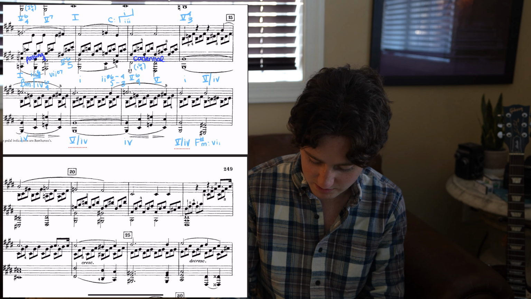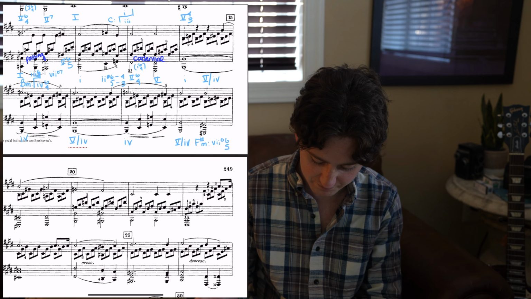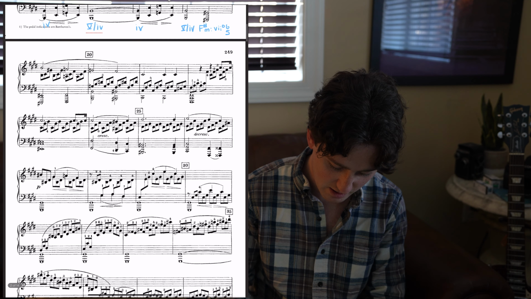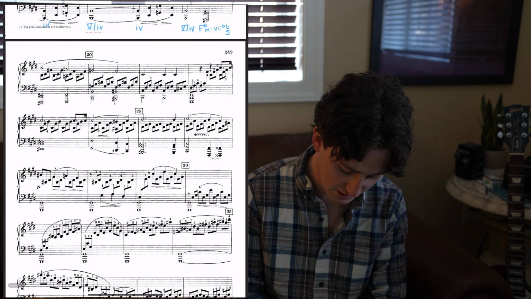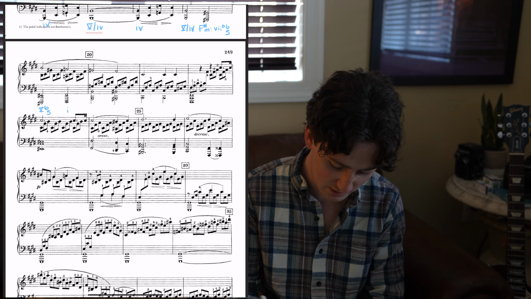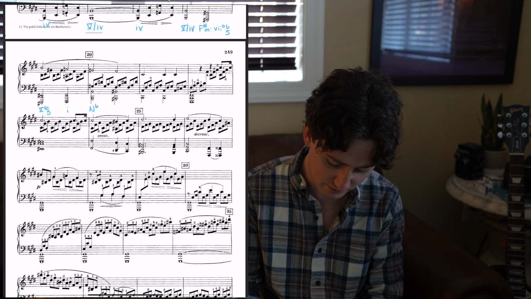In this case, this is going to be a 7 diminished 6, 5. From there into measure 20, this guy's a 5, 6, 5, going to 1, Neapolitan in the key of F sharp minor.